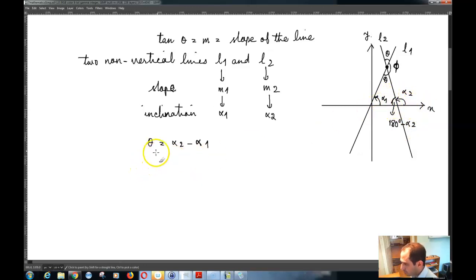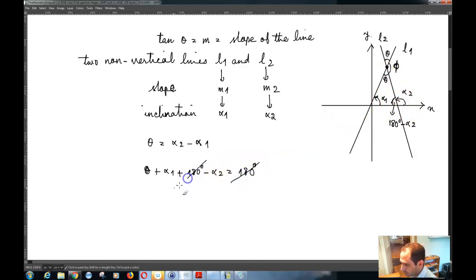So you know that theta plus alpha 1 plus 180 degrees minus alpha 2 is equal to 180 degrees, because it's the sum of the internal angles of a triangle.